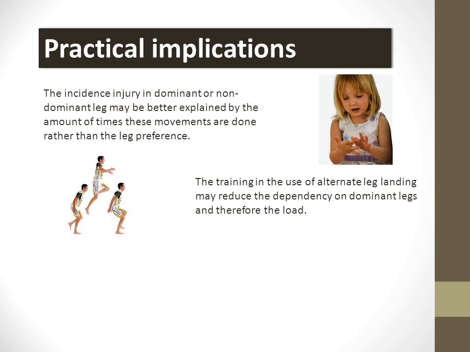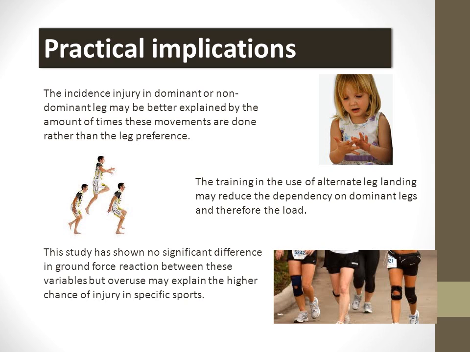Training in the use of the alternate leg for landing, whether it is their dominant or non-dominant leg, for kicking, landing, jumping, may then reduce the load on those limbs and reduce the chance of injury. Though this study has shown no significant difference in the ground reaction force, that means that the chance of injury is probably going to be put down more to overuse and a higher chance of injury in specific sports.